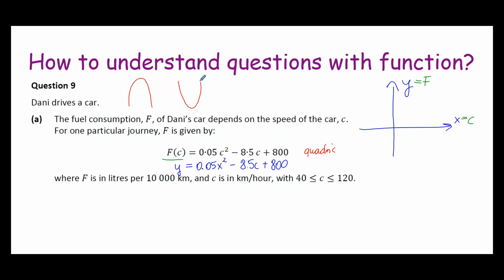How do I know when it happens? It depends on the value beside x to the power of 2, in this case c to the power of 2. This value here is positive, therefore the graph will go up. If that value was negative, the graph would go down. So that's the first idea.